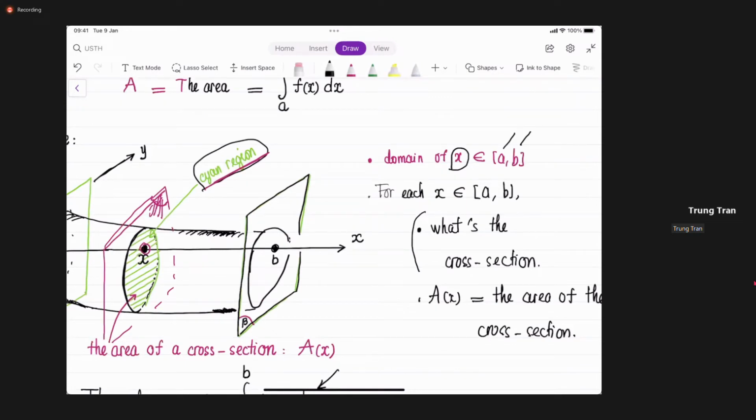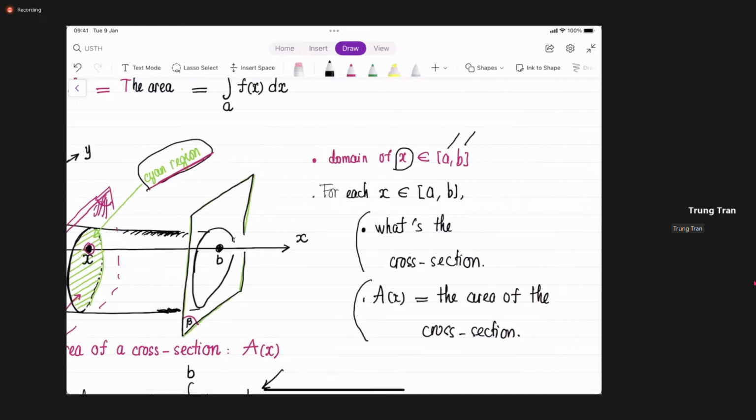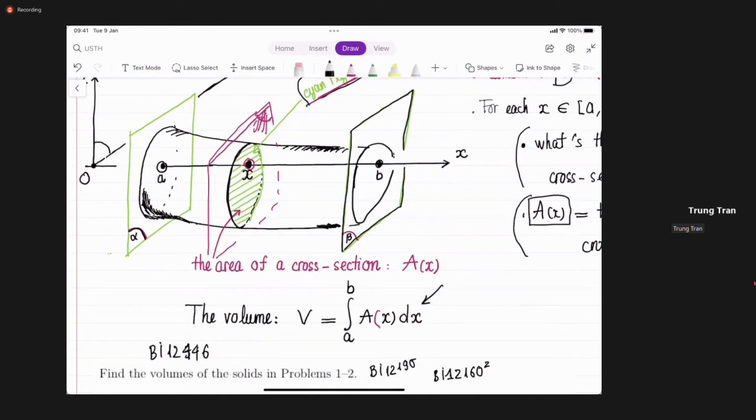From this picture you can see what is the area of the cross section that we denote by A(x). And then from a, b, and A(x), you put together the following formula.